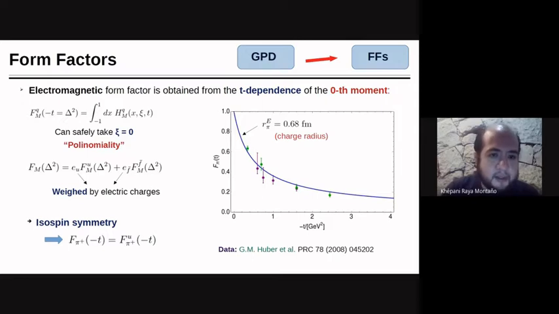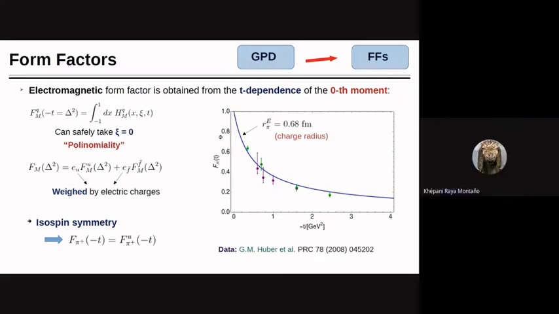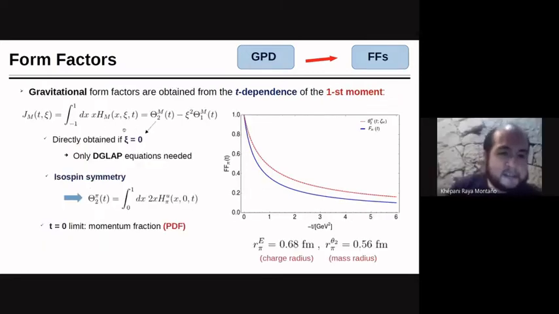Now, we also compute the t-dependence of the first moment, which is what are called the gravitational form factors. This gravitational form factor, θ2, which is related to the momentum distribution inside the meson, can be directly obtained in the limit of a skewness variable to 0, again, where the DGLAP GPD is enough.